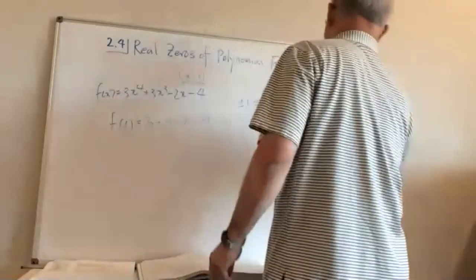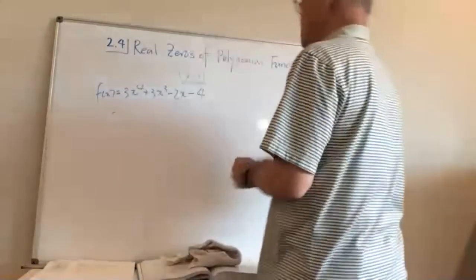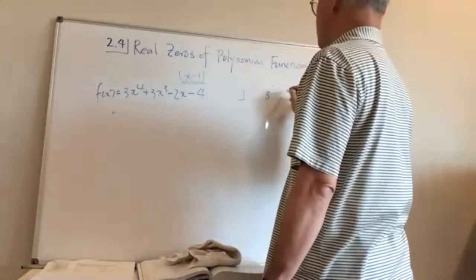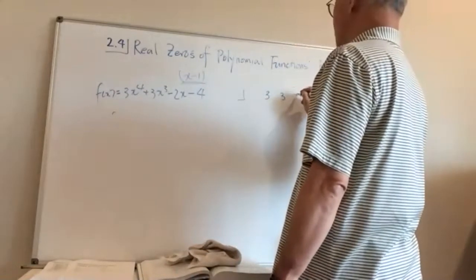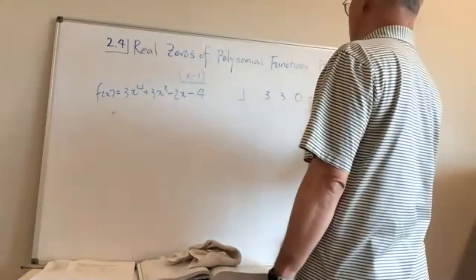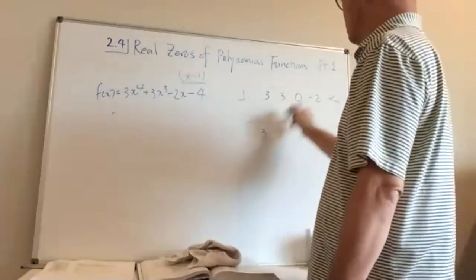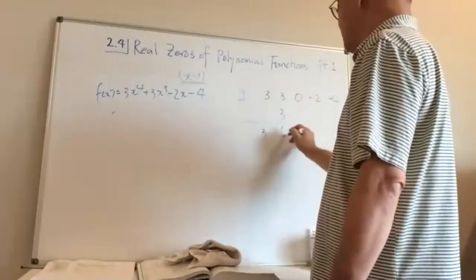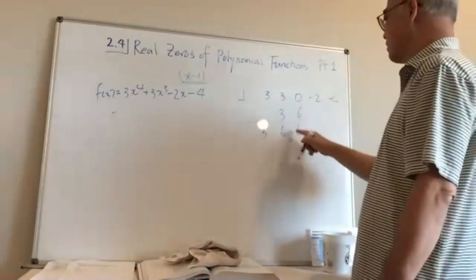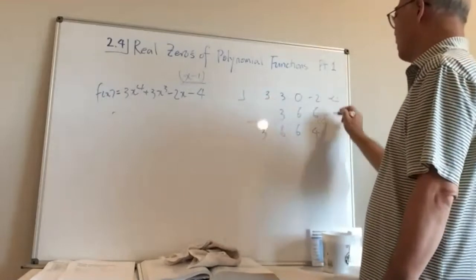Now let's see if we can verify this. We can verify this by doing the synthetic division and see if it works. With 1, I'm going to have 3, 3, and then 0, a placeholder for x, minus 2, minus 4. 3 plus 3 is 6, multiply out, add together, and I get 0.